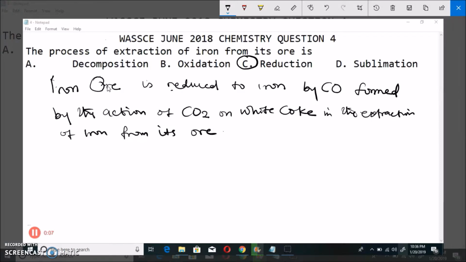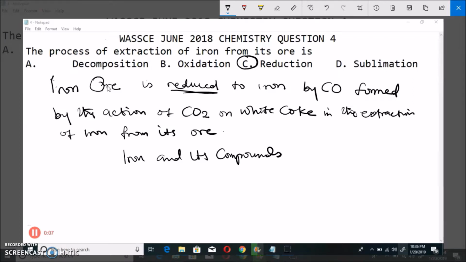So the action is actually a reduction, and this can be found in the chapter for iron and its compounds in your chemistry textbook.